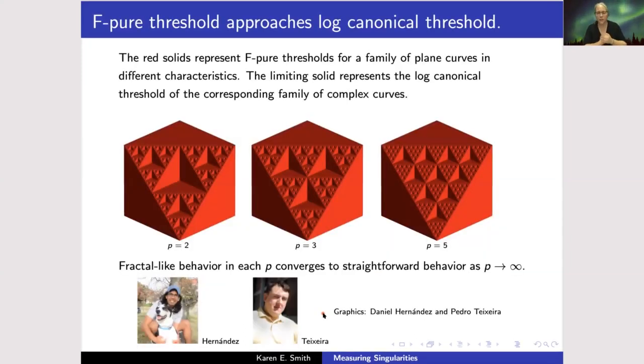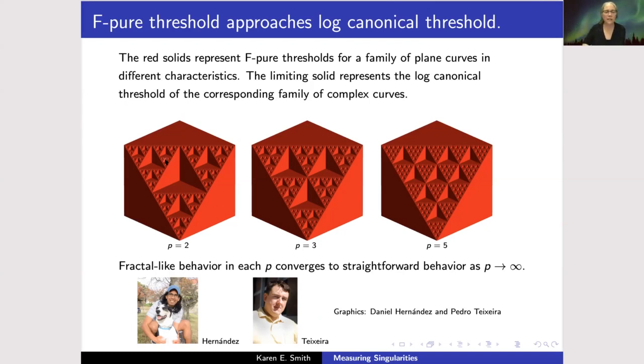So here's another picture I wanted to explain, which was on the first slide where my title was. This is again showing you ways in which the F-pure threshold, the singularity index in characteristic P, approaches the log canonical threshold. These pictures were created by Daniel Hernández and Pedro Teixeira, who are two of the people who are most expert in the world at computing F-pure thresholds. And these are representing F-pure thresholds of a particular family of plane curves.